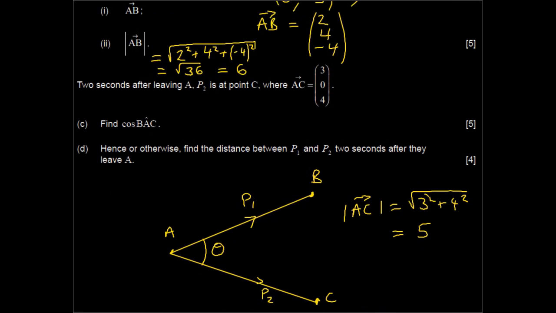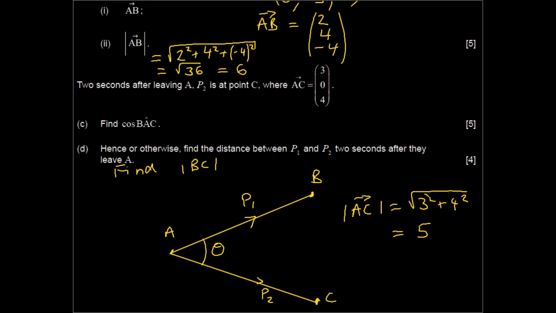All right. Then lastly, it says hence or otherwise find the distance between P1 and P2 2 seconds after they leave. So P1 was moving along this way, and P2 was moving along this way. So basically what it wants us to find is the distance BC. So this means find the modulus of BC.